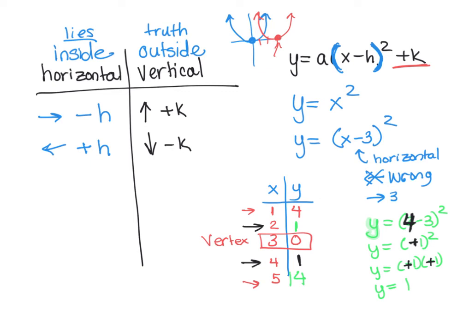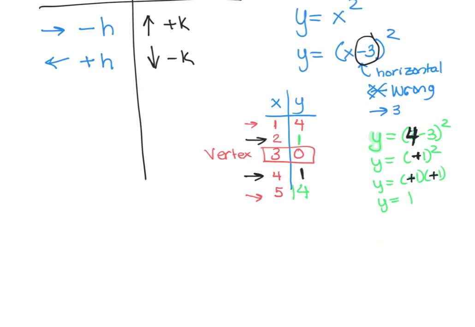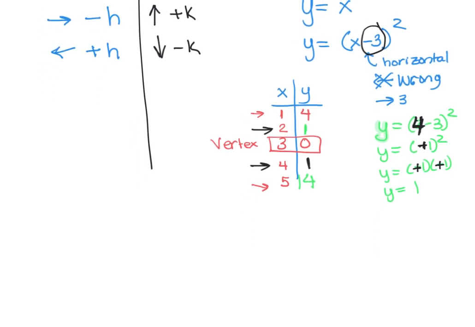All right, let's check out the graph, and let's see if indeed, when I saw a minus 3 on the inside of the function, let's see if it actually moved it to the right. Okay, so I'm going to get myself a little graph here. Just going to move this up a little bit so I can graph it. Get myself a little XY coordinate plane, and I'm going to plot my point 3, 0.